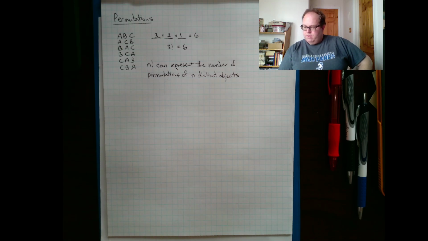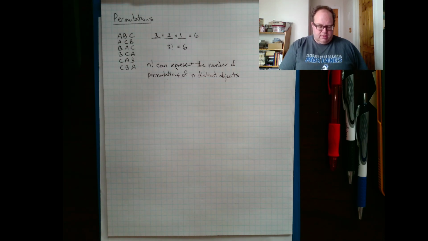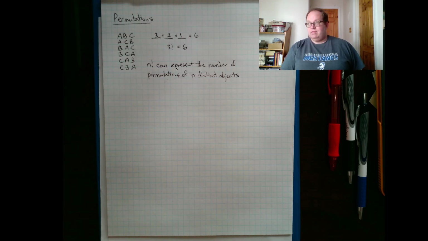All well and good. Where it starts to get a little more complicated is when you're just trying to arrange subgroups of that. So, for instance, let's say that you've got a security pin on the back of your credit cards that's 3 digits long.